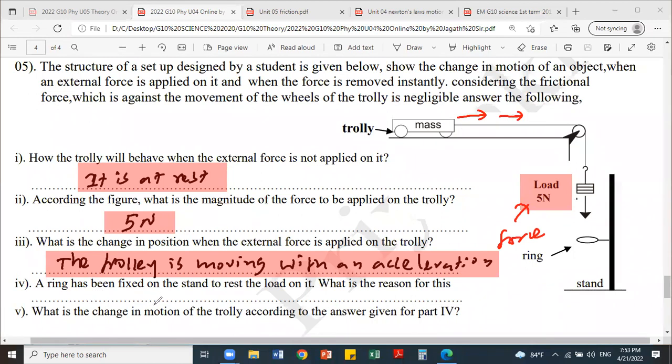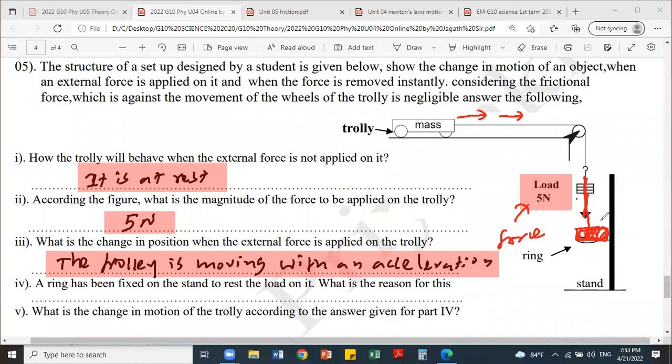Number 4. A ring has been fixed to the stand to rest the load on it. What is the reason? What happens when this load is moving down and reaches here? There's this thread. The thread is passed through this load. So then what happens? The load is resting on the ring.